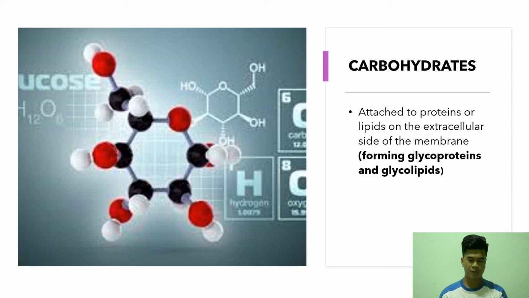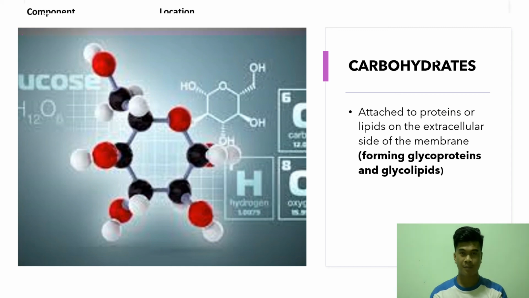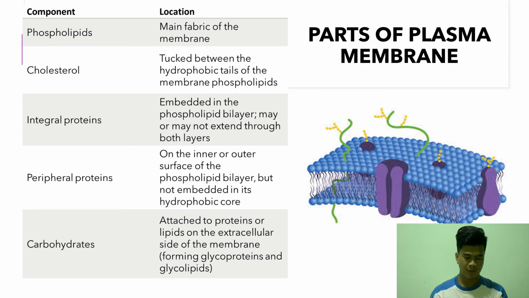The plasma membrane structural components. Figure 1. Overview of the plasma membrane structure. Parts of plasma membrane. Its components. Number 1, phospholipids. Its location is in the main fabric of the membrane.